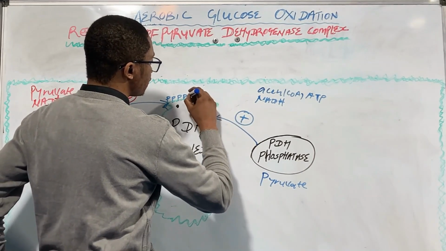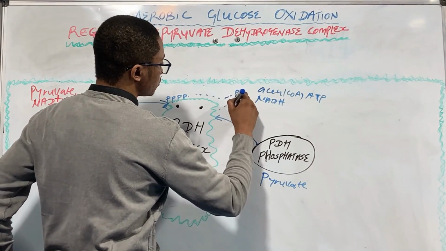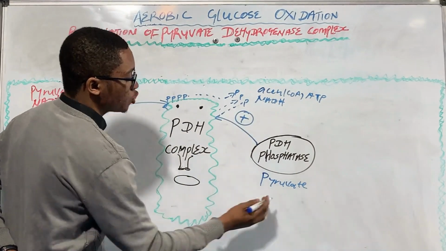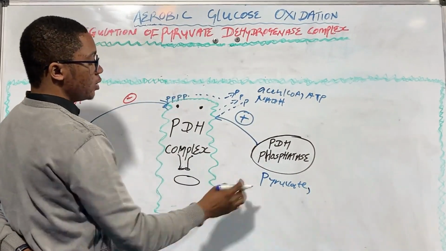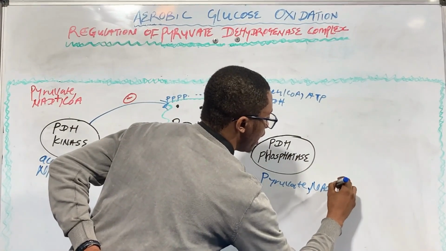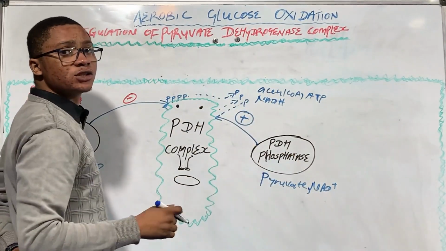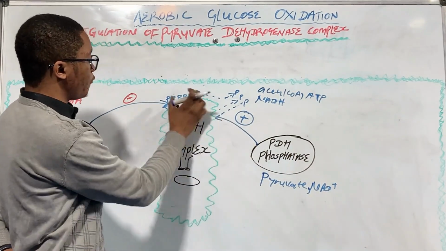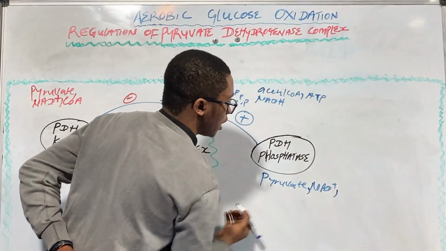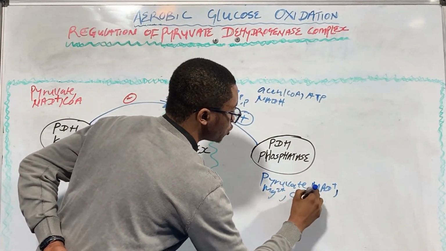Also, NAD positive stimulates this pyruvate dehydrogenase phosphatase to remove the phosphate group, so that this complex becomes very active. We also have the magnesium ion and the calcium ion.